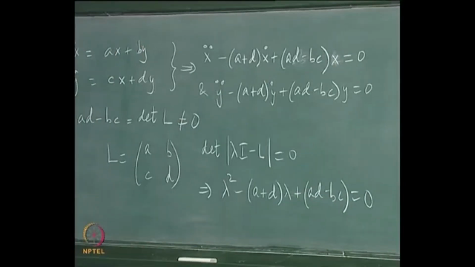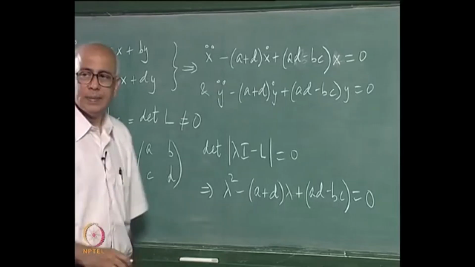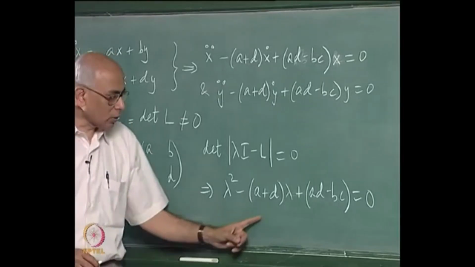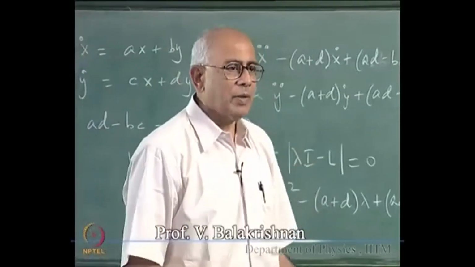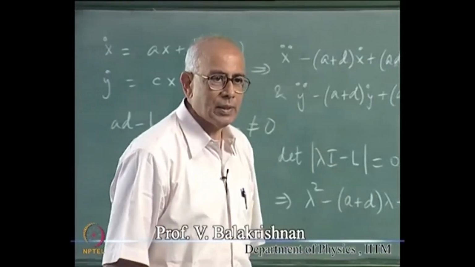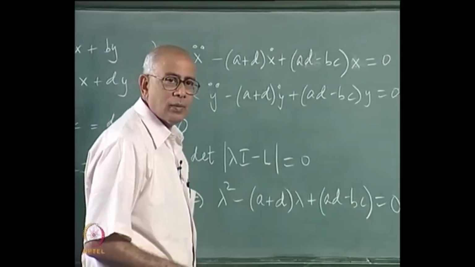Do you notice anything interesting about these combinations? They are not arbitrary combinations of A, B, C and D, they are very special combinations. This is the trace of the matrix and that is the determinant of the matrix.